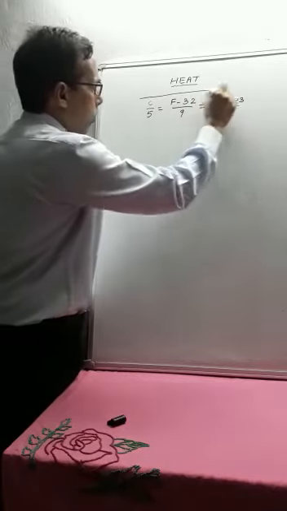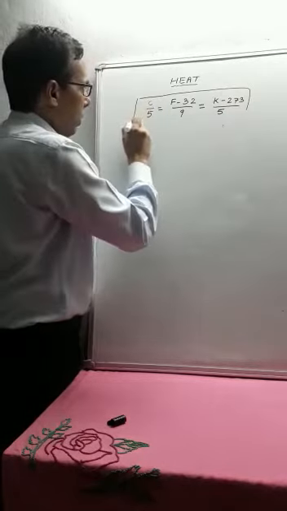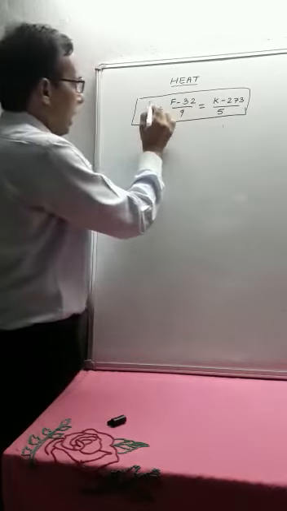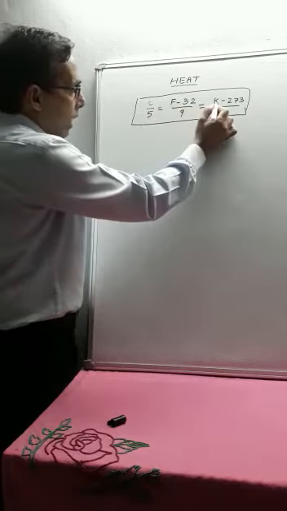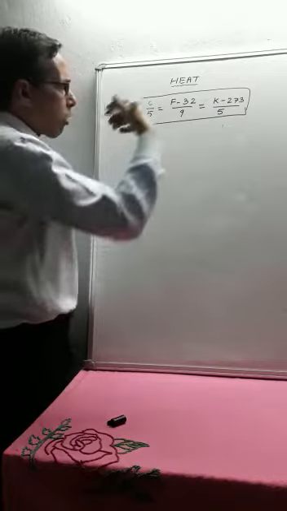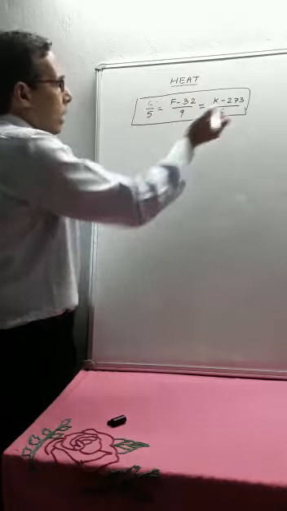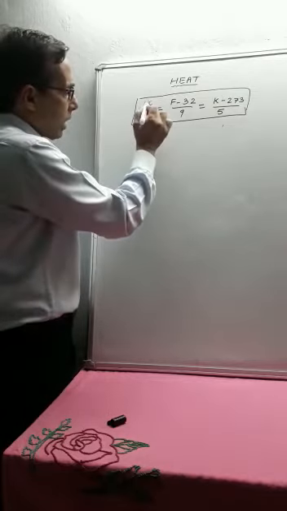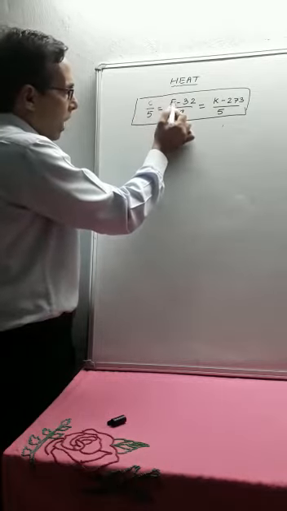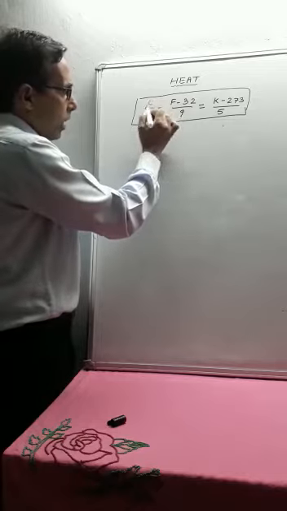So this is the relationship between Celsius, Fahrenheit and Kelvin. Now how do you convert one scale into another scale? Suppose you have to convert Celsius into Fahrenheit, or Fahrenheit into Celsius, or Celsius into Kelvin.